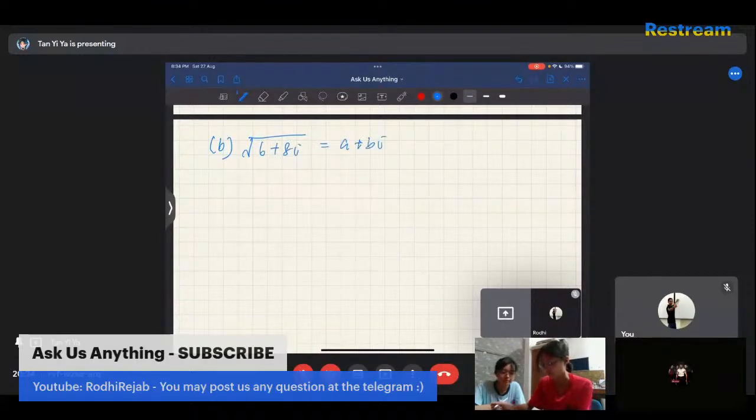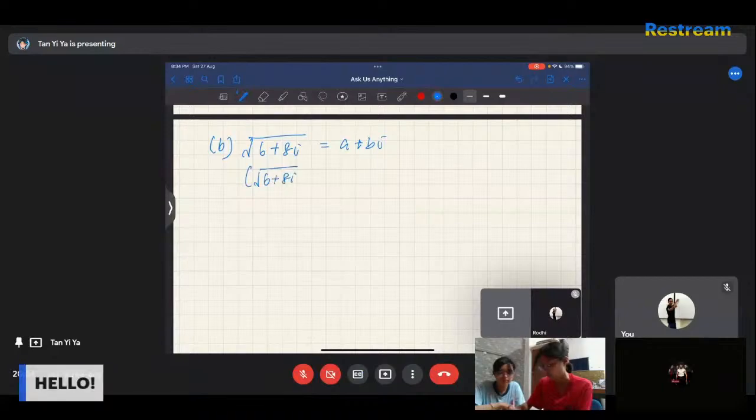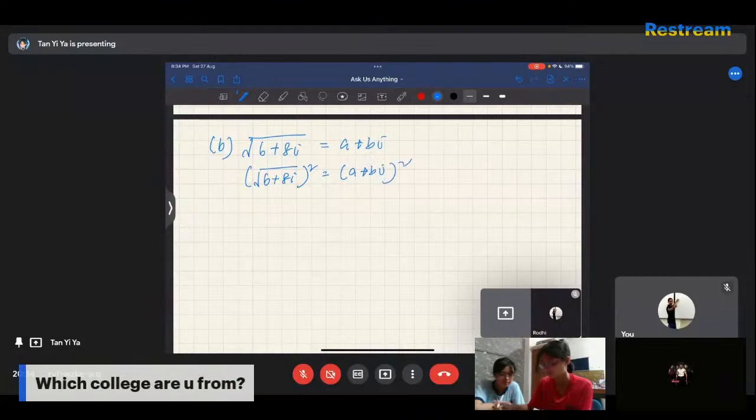So we must cancel off the square root, so we have to square both sides of the equation. So it will be in this way.